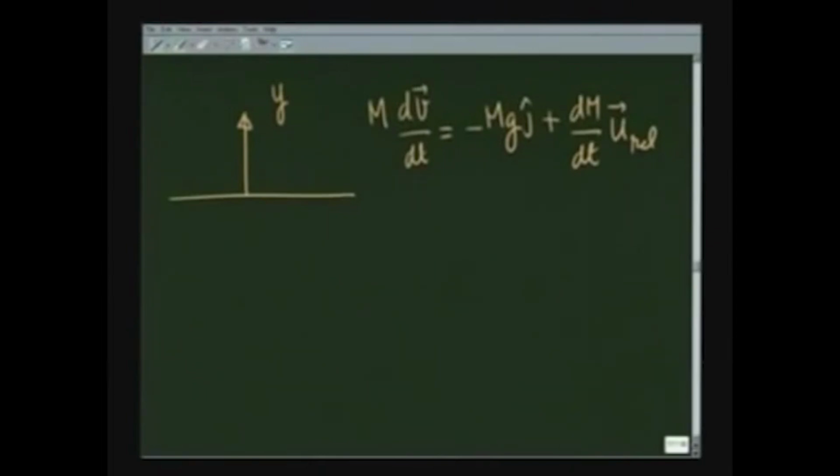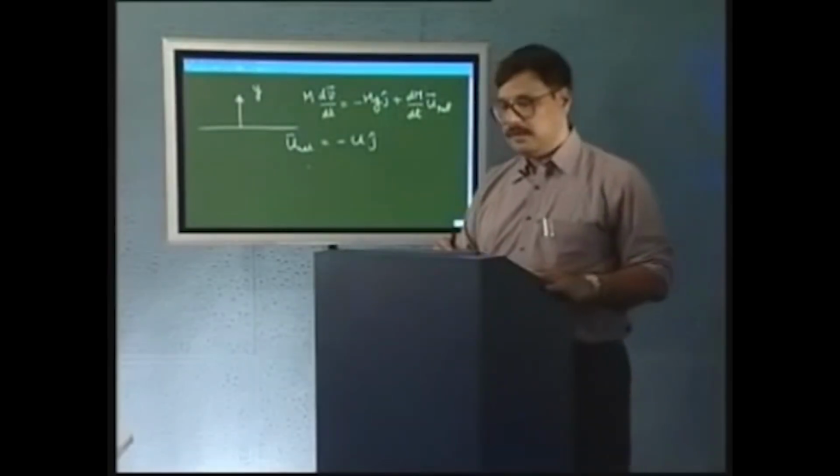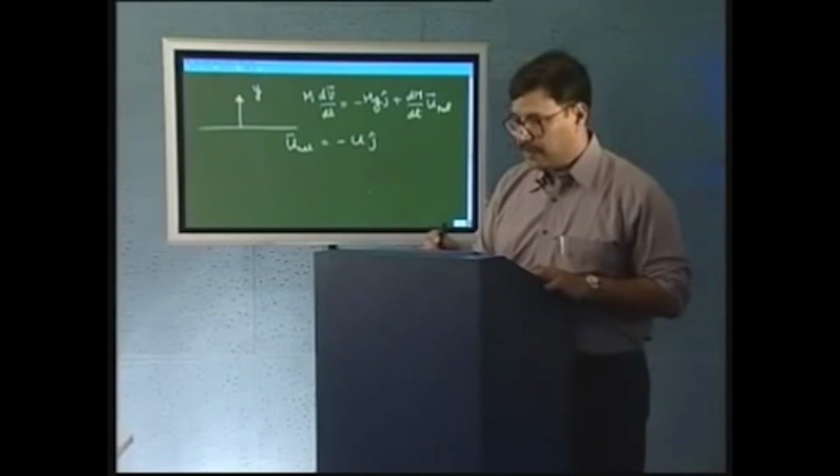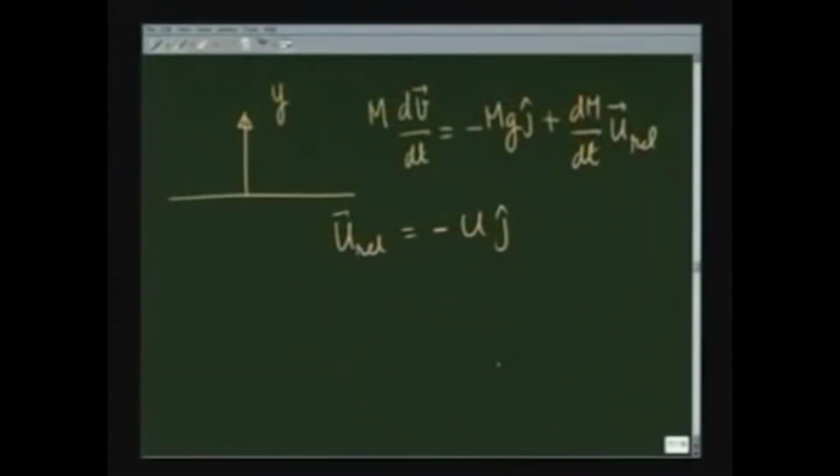U relative is u j in the negative direction, and dm/dt is also negative, but that I do not have to write explicitly. And v is some v j.